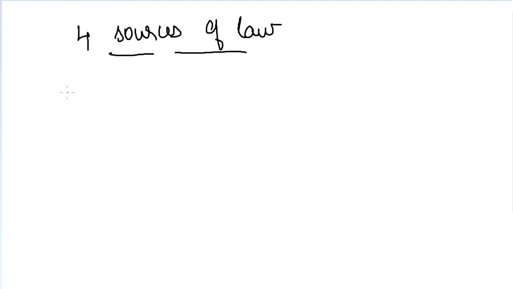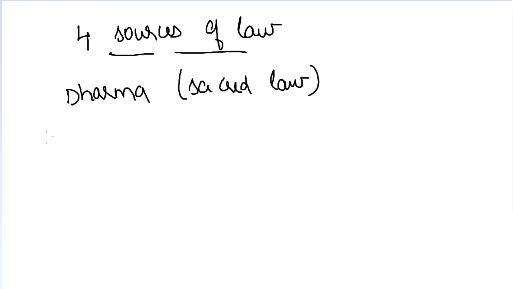Now Kautilya mentions 4 sources of law. According to Kautilya, there are 4 sources of law. So which are the 4 sources of law? They are Dharma, that is sacred law, first one. Then the next one is vyavahara, which is the usage.